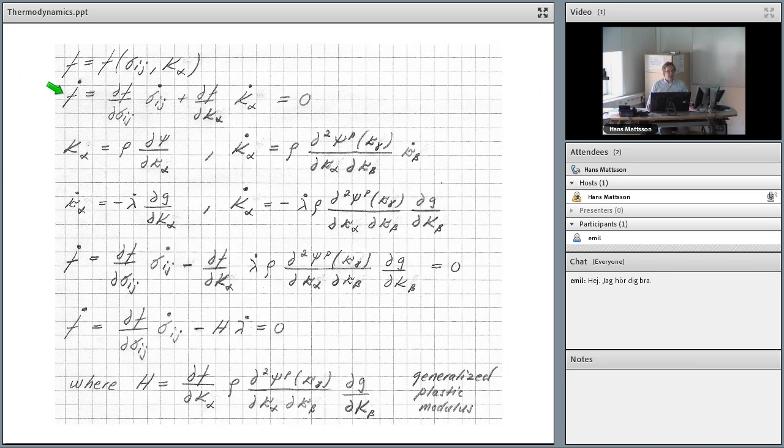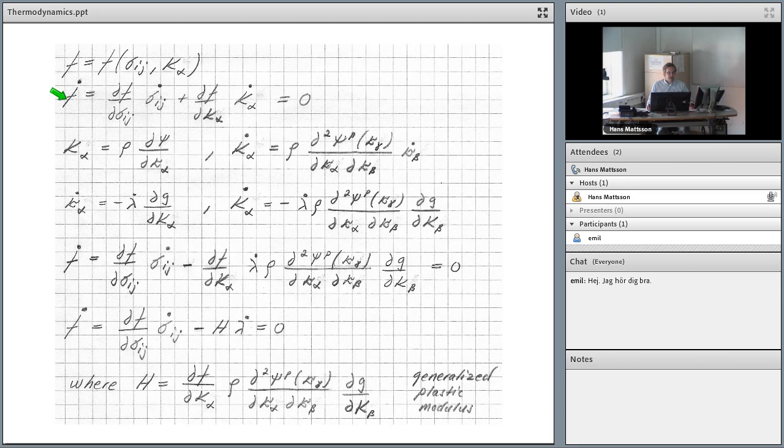If we take f dot from this yield function, we can see what happens to the yield function value if we have small changes in the variables of the yield function. F dot should be equal to 0 in plastic loading.